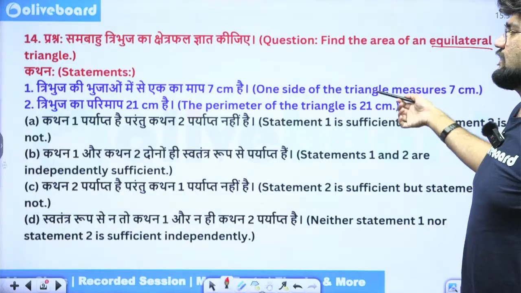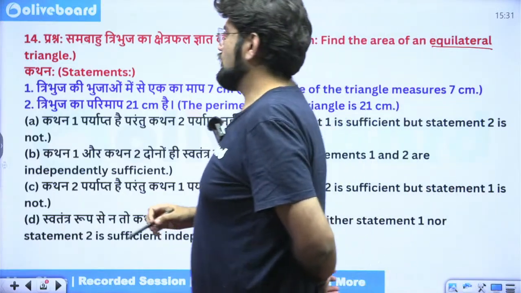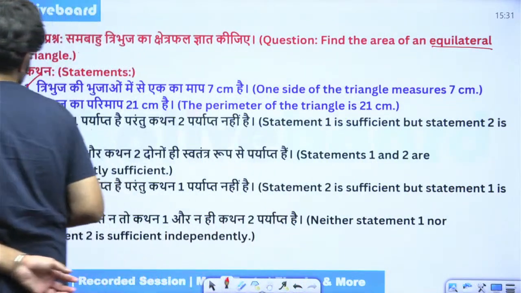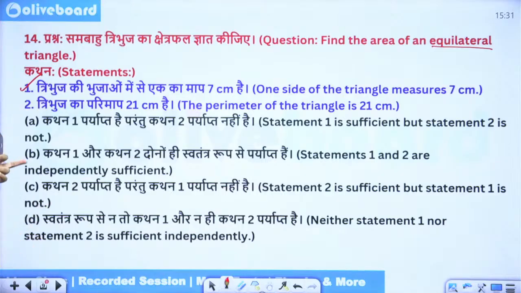So we can find out the area by √3/4 a square. So 1 alone is sufficient. But we have independently sufficient, either or, also, so we'll have to check that. 2 alone being sufficient with 1 not will not be the case, and neither will not be the case. So we only have to check this now. 1 is sufficient. If 2 is also sufficient individually, B will be the answer. Otherwise, A is the answer.